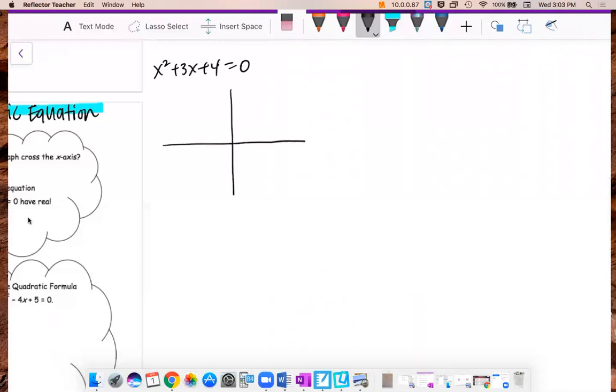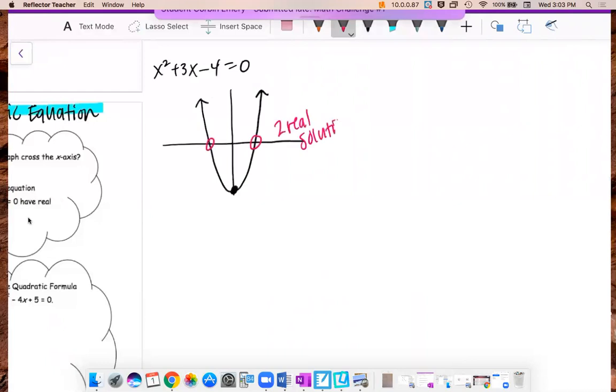So if I were to graph this equation, actually let's make this be a minus so it makes a little more sense. It would probably look something like this. And the solutions to this equation would be where it is crossing the x-axis. So if it crosses my x-axis 2 times, that means it would have 2 real solutions, and those would be 2 real x-intercepts.